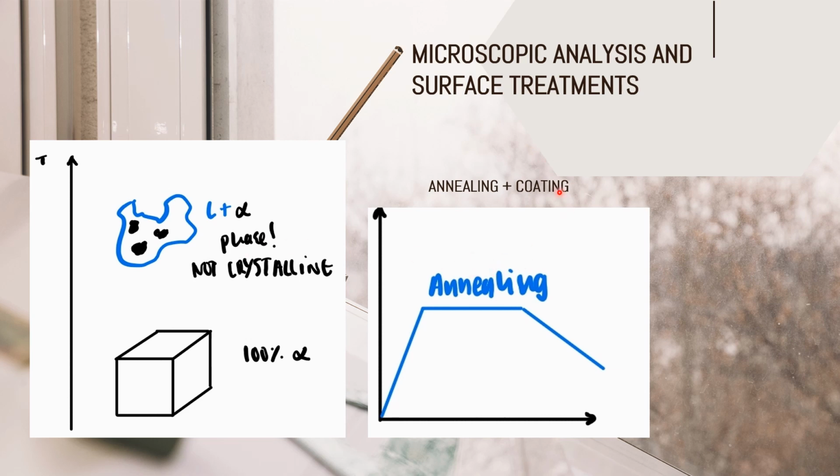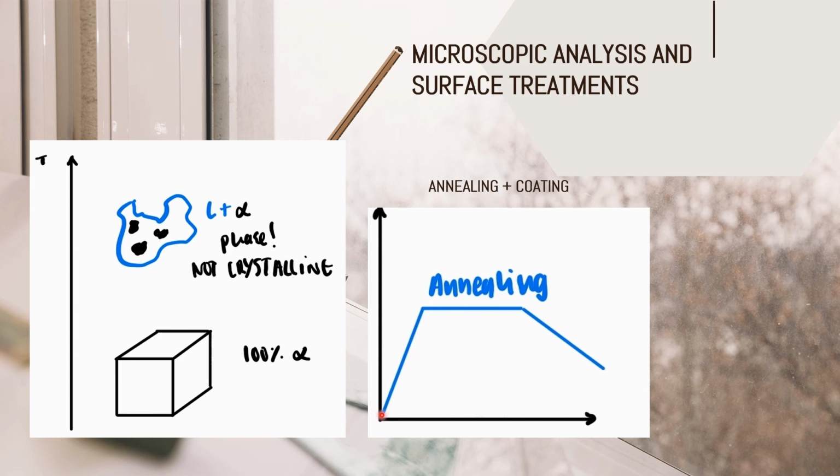The surface treatments or heat treatments to be considered, I think annealing is a great option. As we want good conduction of heat through our material, we want uniform properties, and annealing is great for this task.